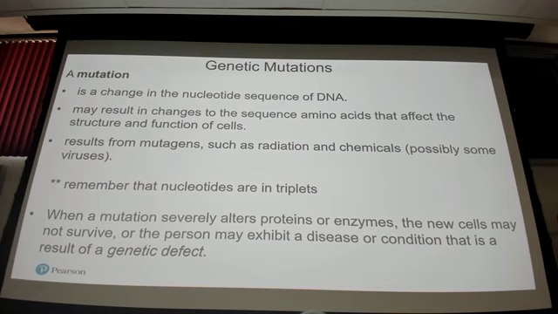These mutations can be passed on through heredity, or if we have some environmental exposure to a toxic agent, we can also get a genetic mutation in our DNA. And typically that is when we see cancers forming.